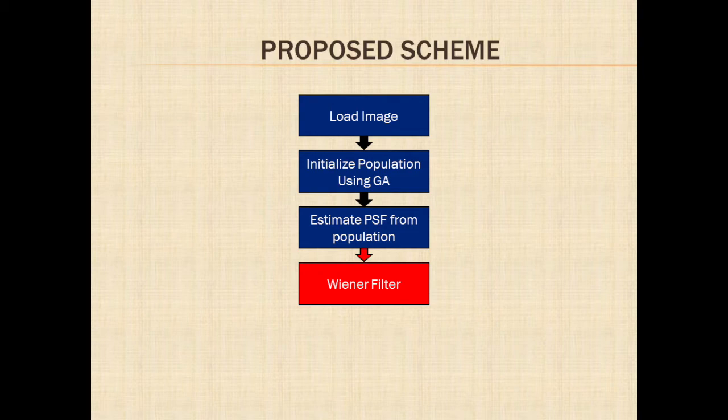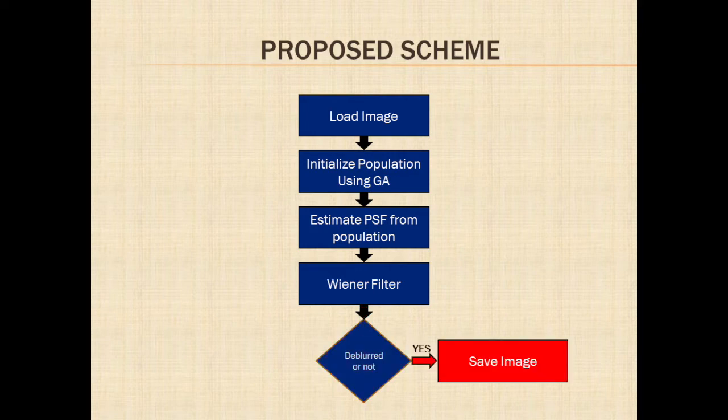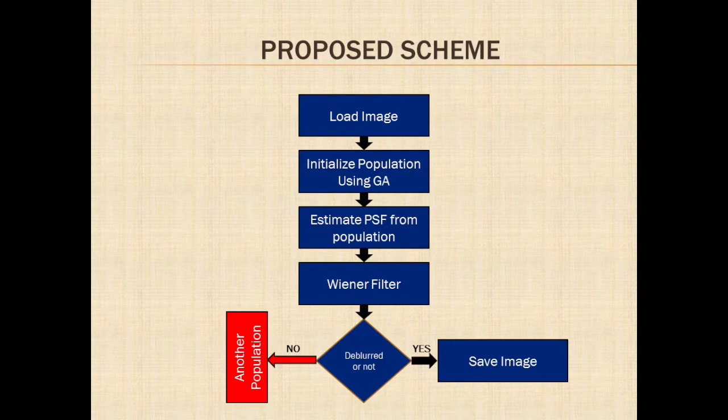The fittest chromosomes survive while the others are eliminated, and the process is then followed by deconvolution using a Wiener filter for deblurring. After the Wiener filter, the image is checked if it is deblurred. If the condition verifies, then the image is stored to an external file. And if the condition does not verify, then another population is generated and passed to the estimation module. The process is repeated until the condition verifies and results in a deblurred image.